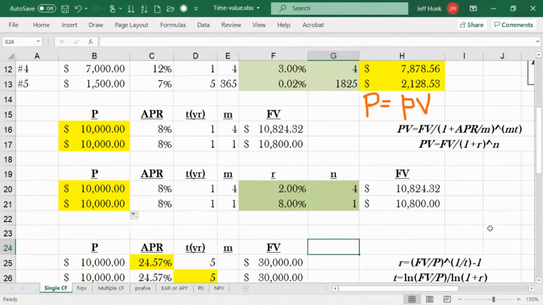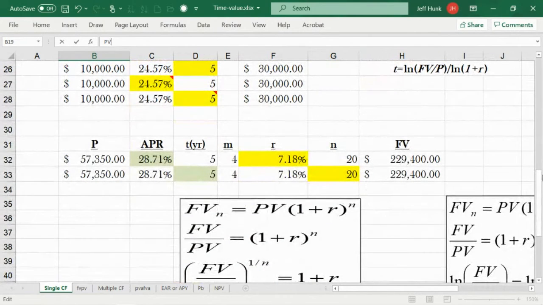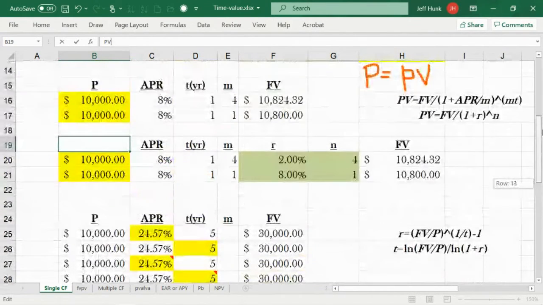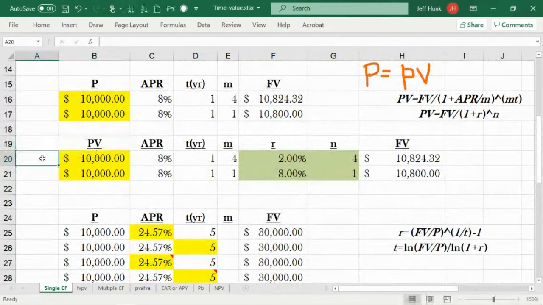And we get to the principal in the original problem, and I told you this is also called present value, right? Present value. Now everyone also tried this out. Everyone did this.